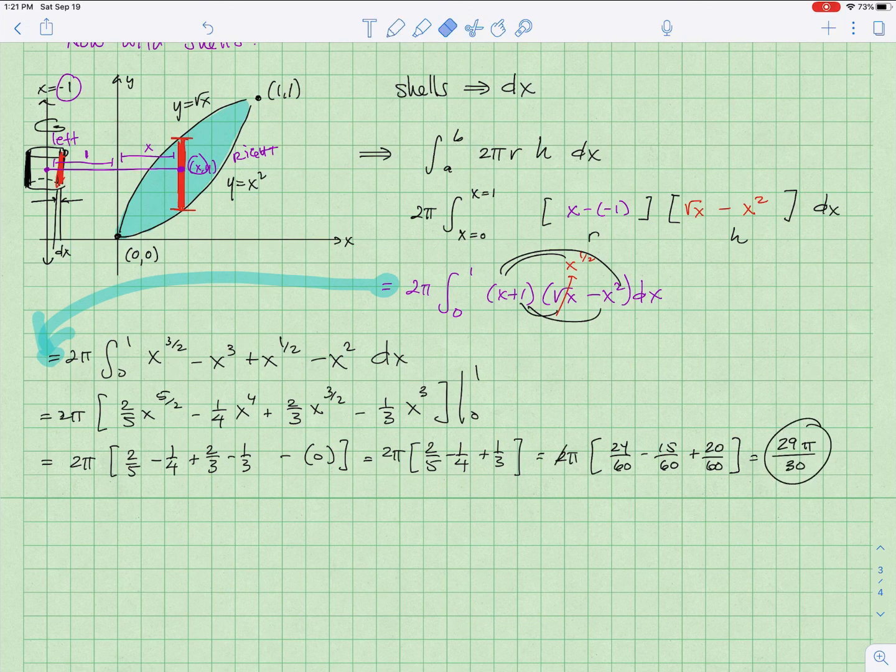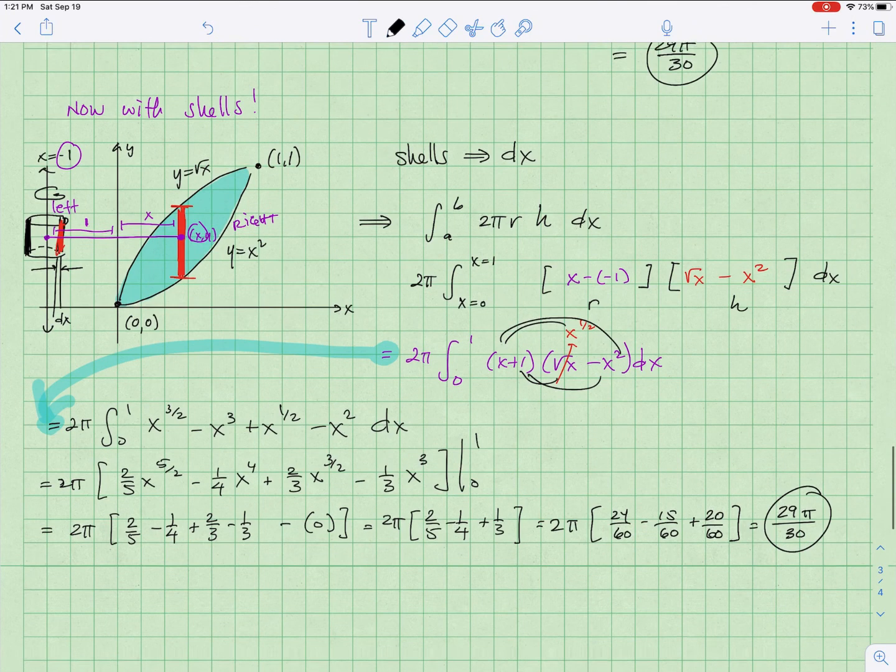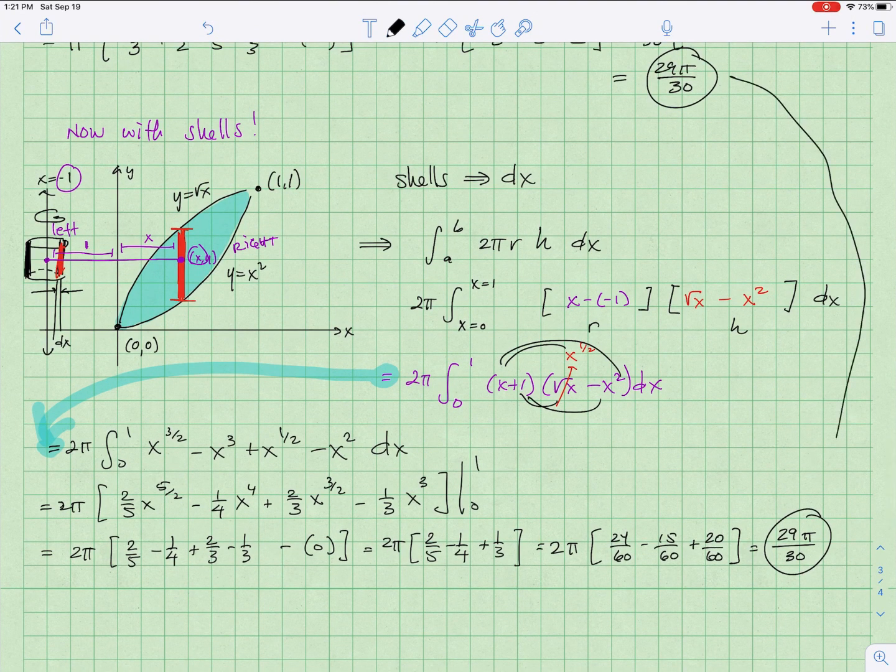And I'm left with 29 pi over 30, and I'm happy about that because that's exactly the same value that I got using the washer method.